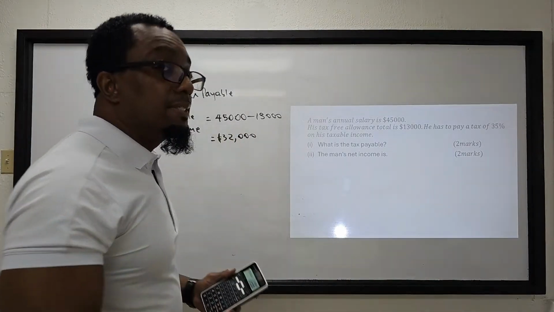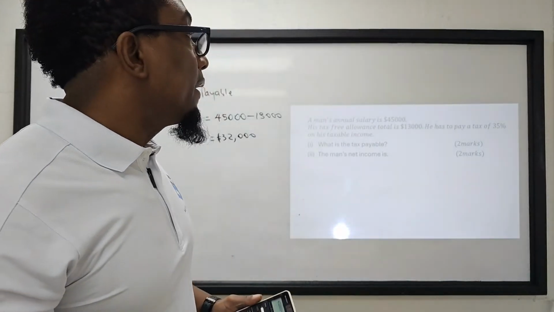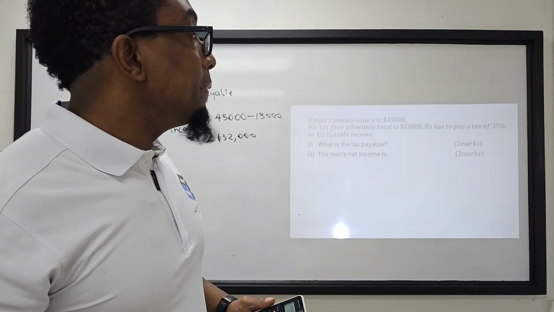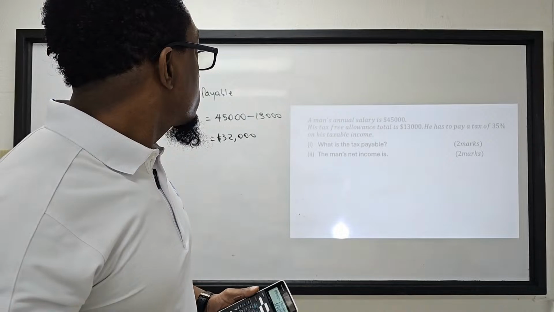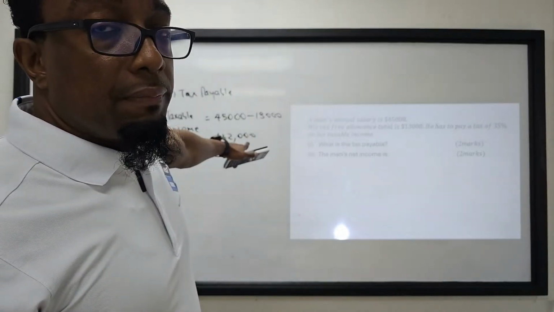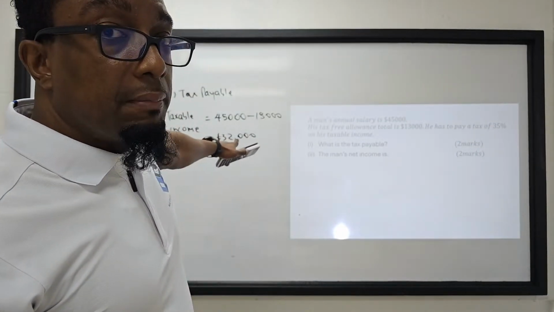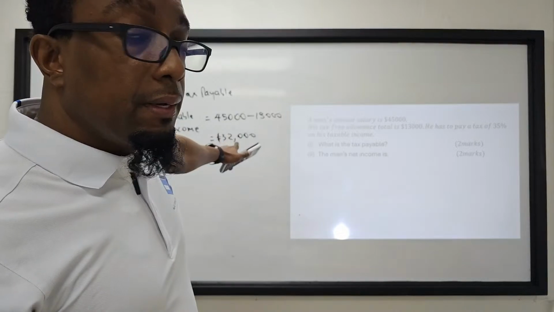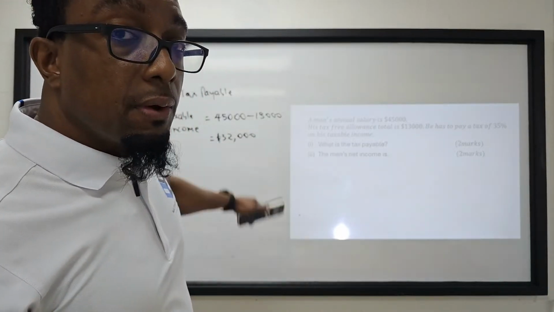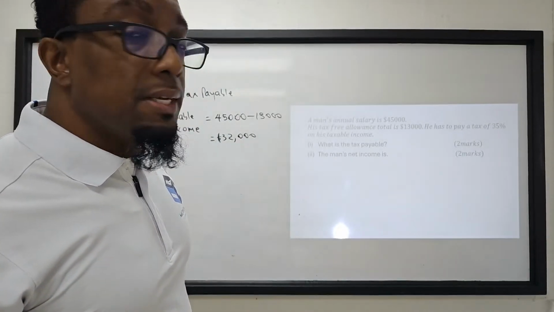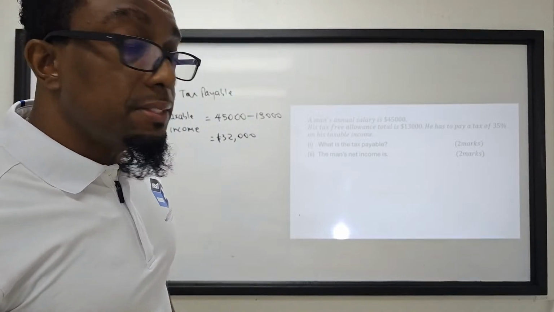So this is his taxable income, and it states that he has to pay tax of 35%. So we know if this is his taxable income, then the tax payable will come from that $32,000. And the tax he has to pay is 35% of his taxable income.